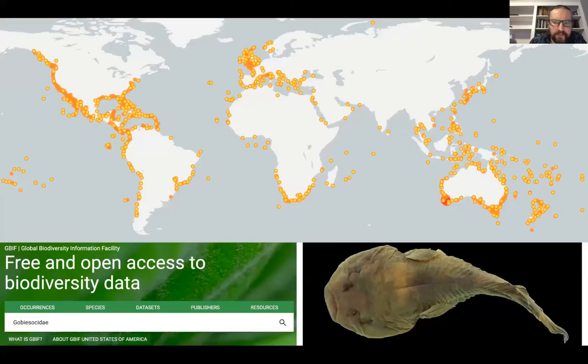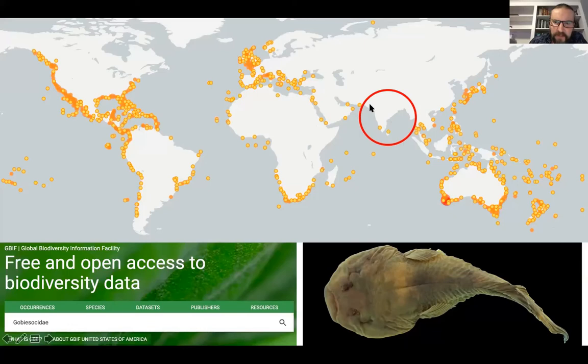What's interesting is that although this group has a global distribution, there seems to actually be kind of a dead spot on the map for these fishes. There's very few records from the Indian coast, and I would argue that they're probably there.